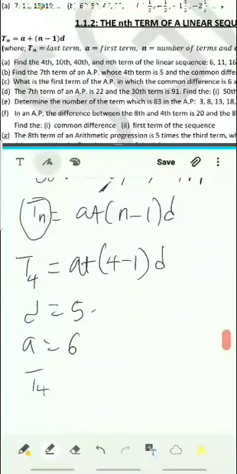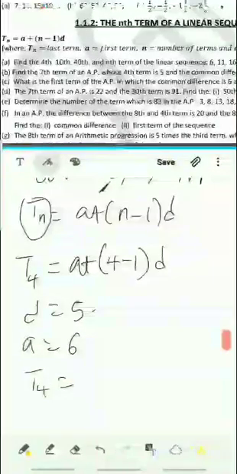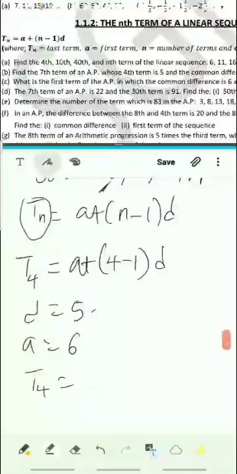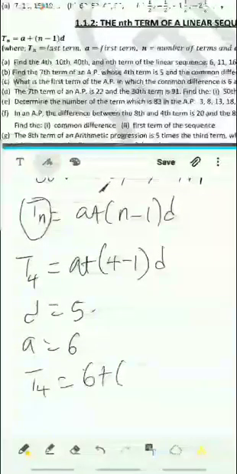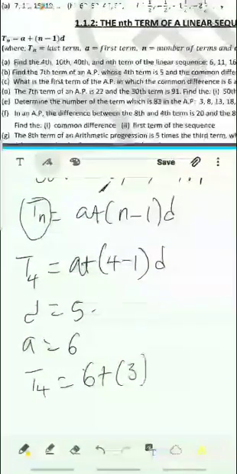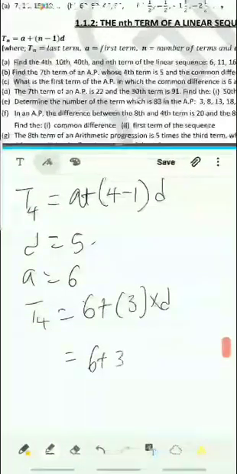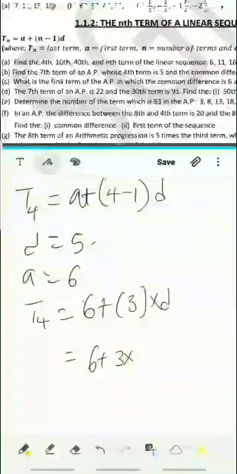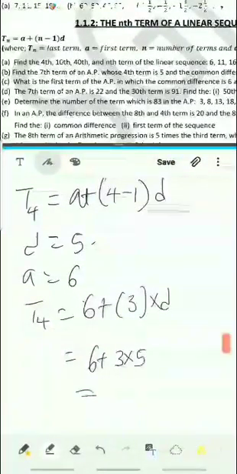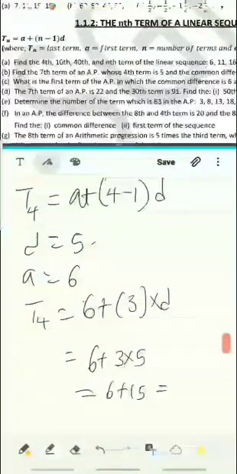We have T4 to be equal to 6 plus 4 minus 1, 3 times D. So that's 6 plus 3 times D, 5, giving me 6 plus 15 equal to 21.